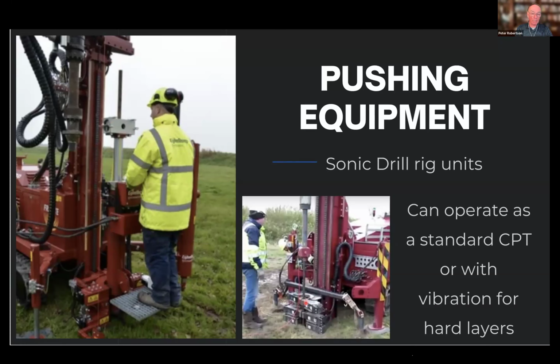But if you hit a hard layer, like a gravel layer or a very hard layer, you could turn the vibration back on again, vibrate the cone through the hard layer, and then once you got through the hard layer, turn the vibration off, and then carry on with a static push.